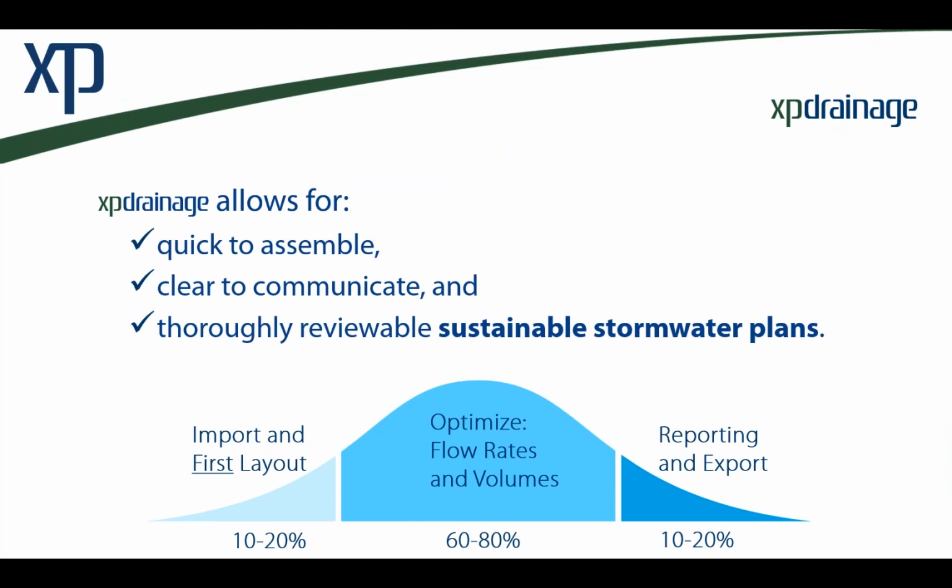This is really the majority of time we spend on a project, 60 to 80% of the actual billable time. We're trying to usually just iterate our design, understand how it's behaving, and just for ourselves, chase those iterations to the optimal design, optimal flow rates or volume mitigation. Right?